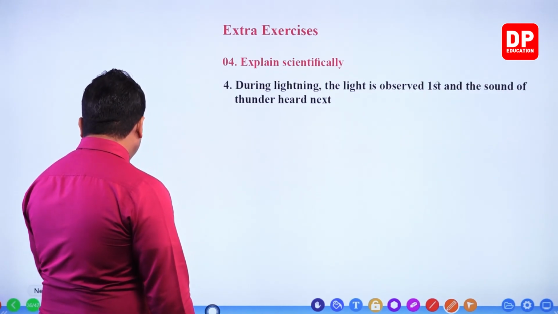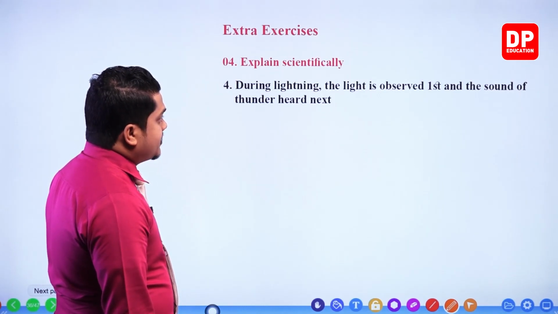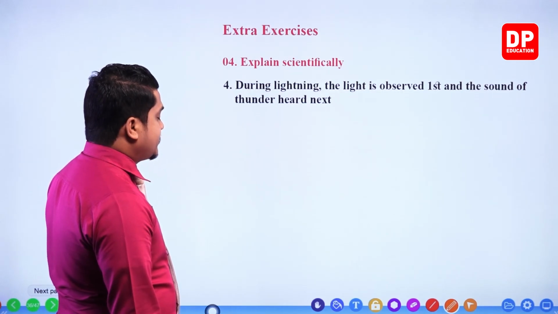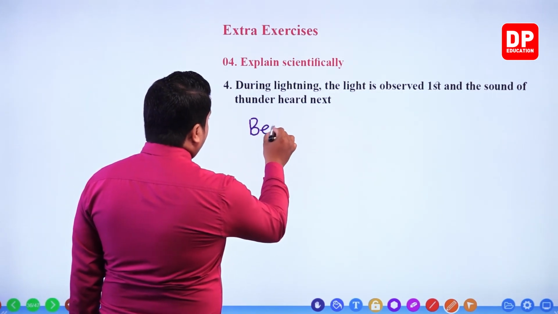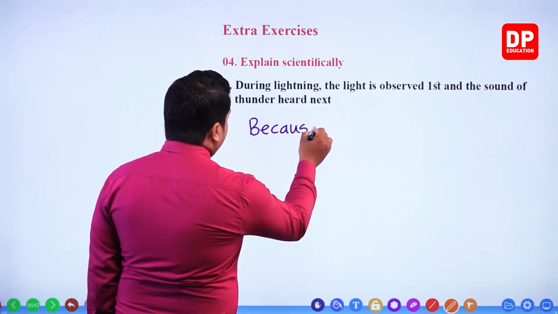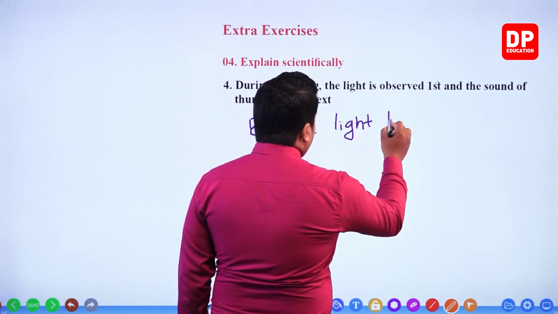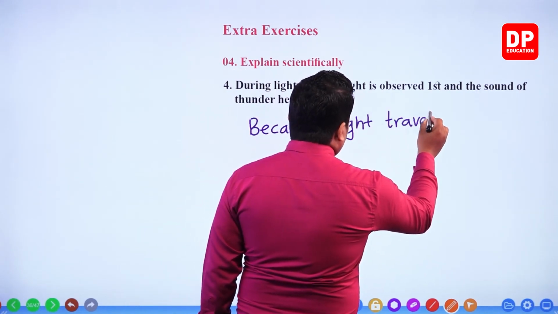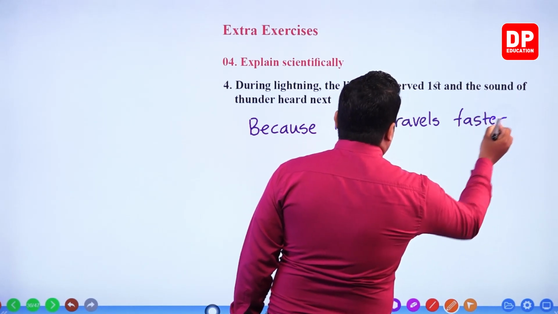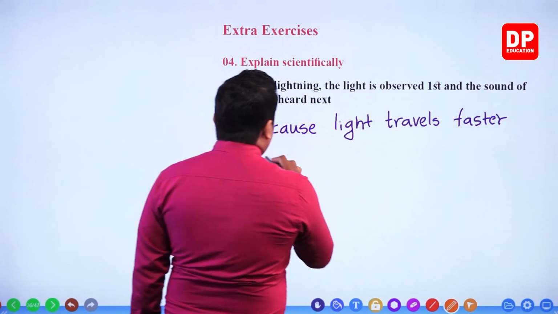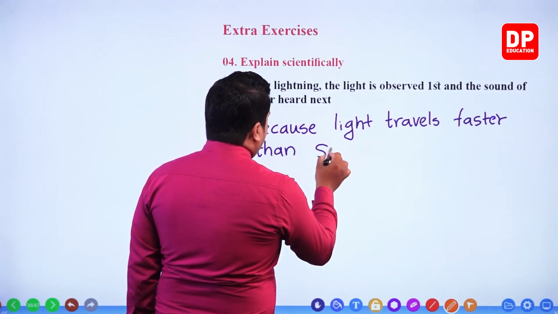Next question. During lightning, the light is observed first and the sound of thunder is heard next. Very simple, my dear children, because light travels faster than sound.